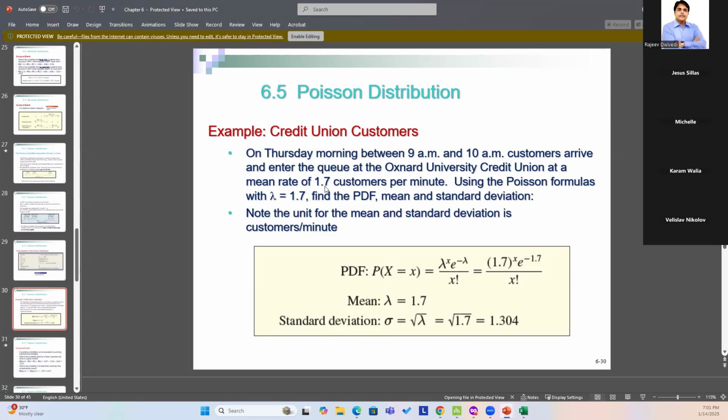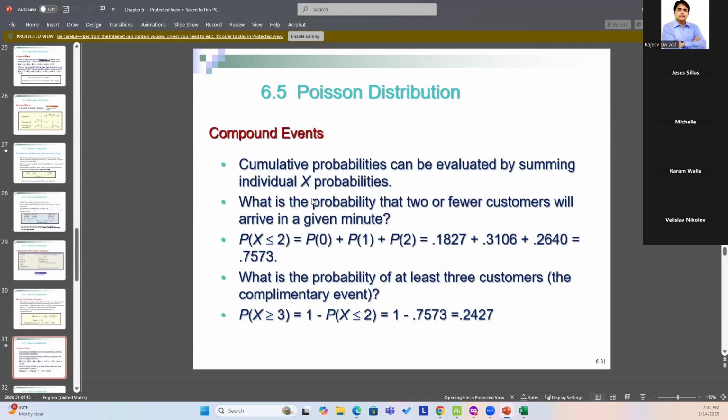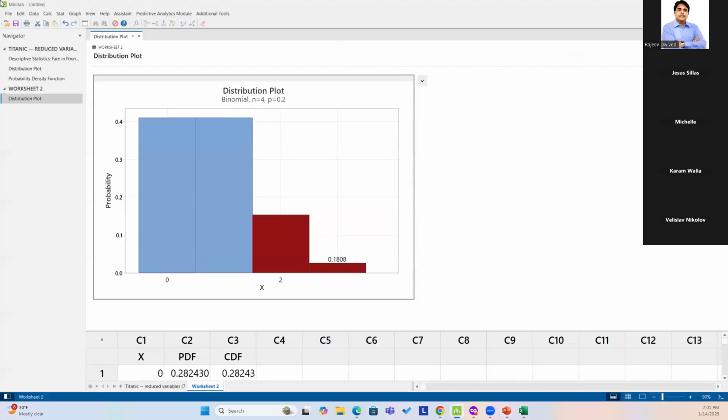So it is given per minute, and the question is also asking for a given minute. Two or fewer means 0, 1, and 2. So let's do this.